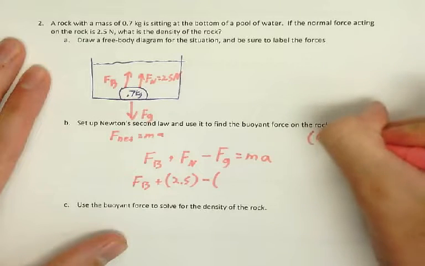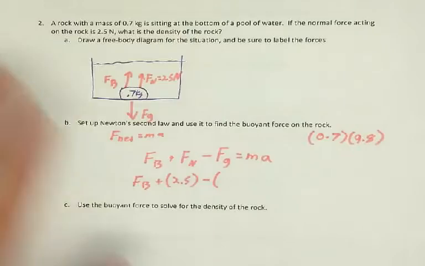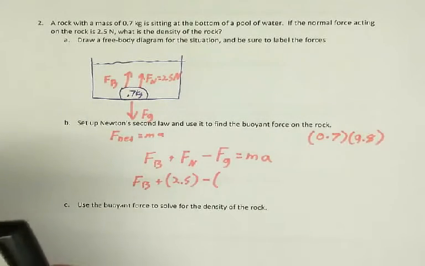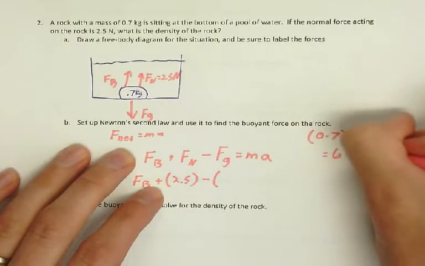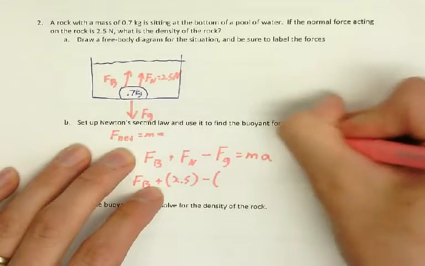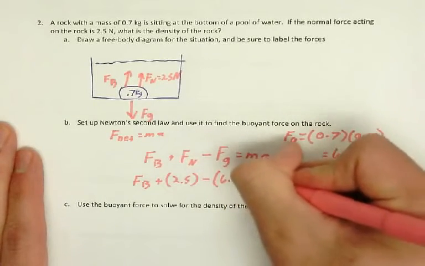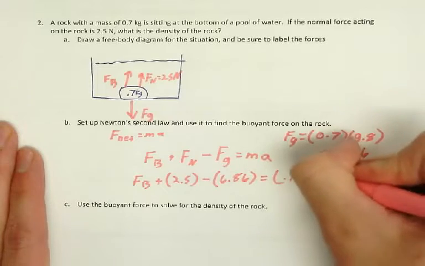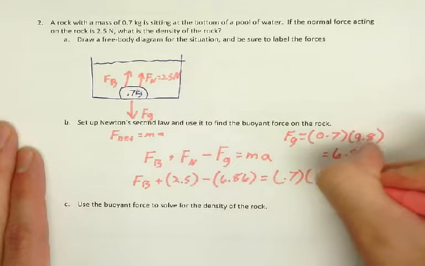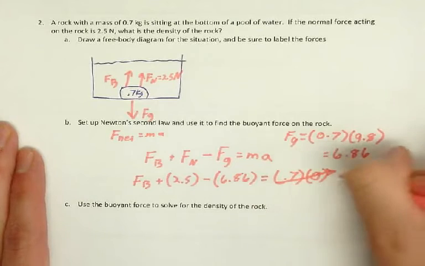So 0.7 times 9.8 is 6.86. And m is 0.7, but a, because it's sitting at rest, is 0. So 0 times anything is 0.